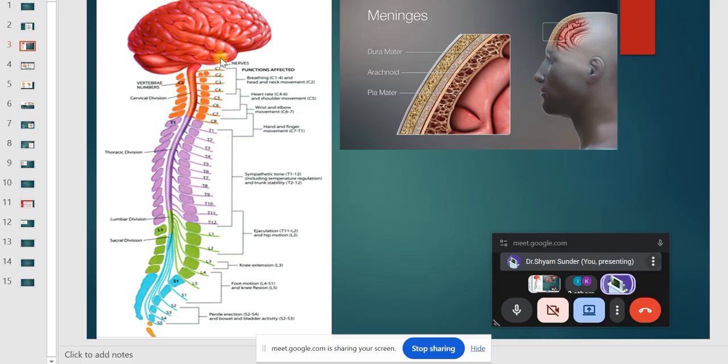This is the anatomy of the brain, and the extension is the spinal cord within the vertebral column. The spinal cord is divided into the cervical region, thoracic, lumbar, and sacral. These are the portions of the vertebral column or the spinal cord.